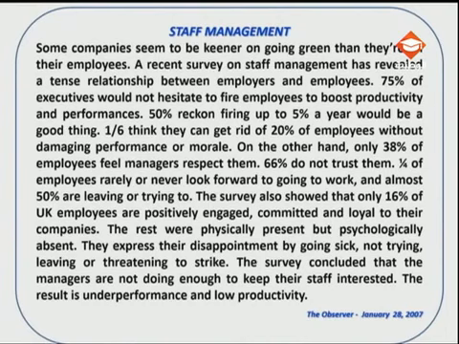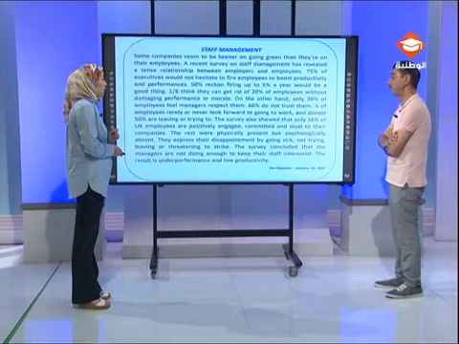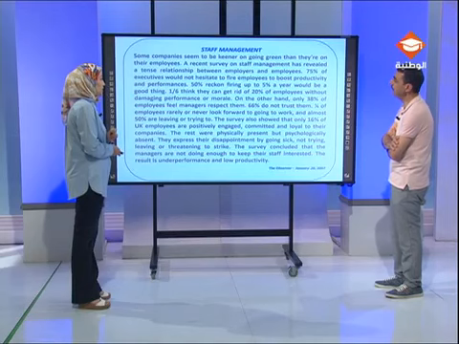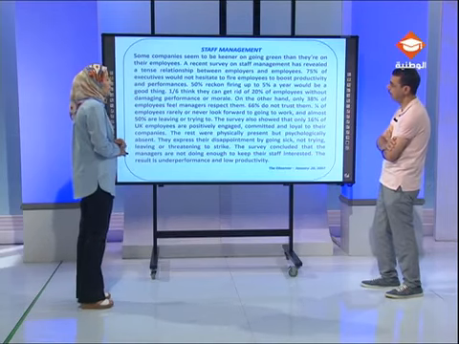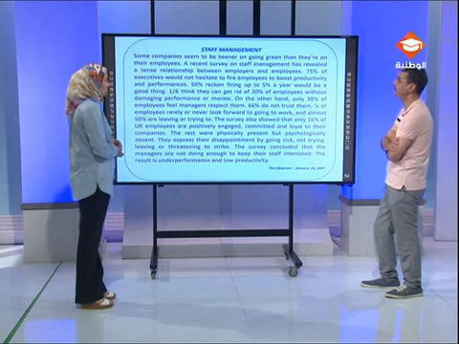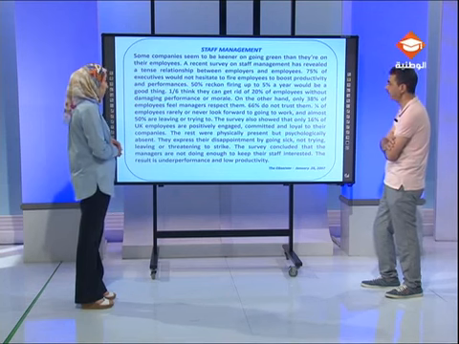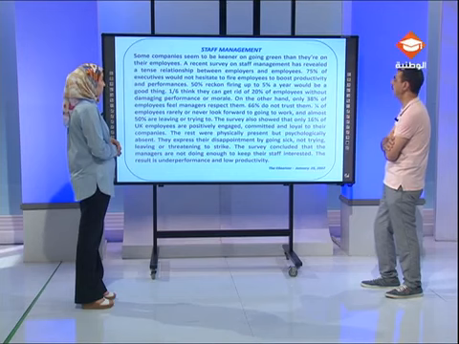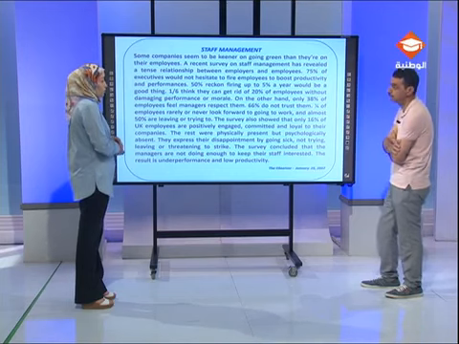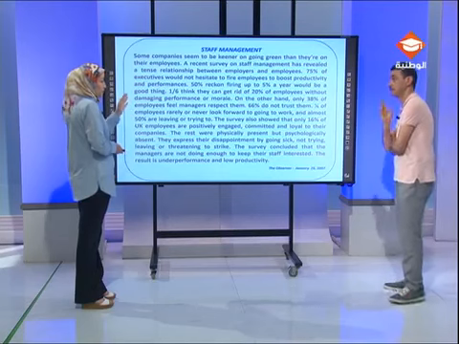According to our writer, whose mistake is it? It's clear that the writer puts the blame on the managers. He accuses managers of doing lots of bad things, and that's why employees react negatively. So according to our writer, it's the manager's mistake.